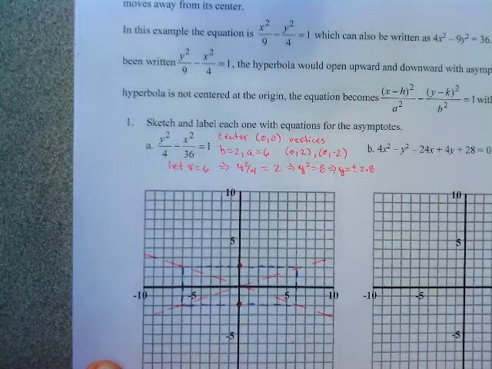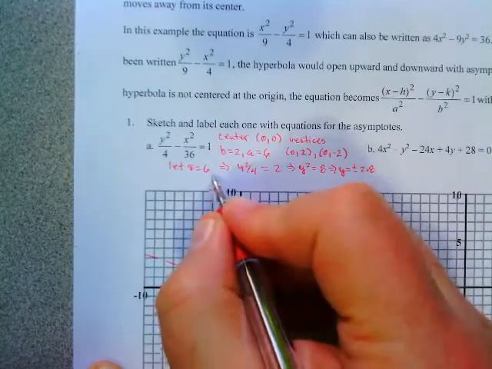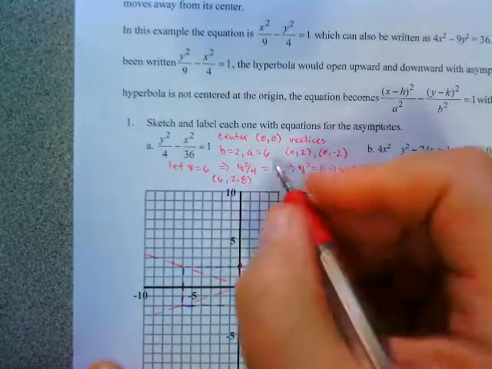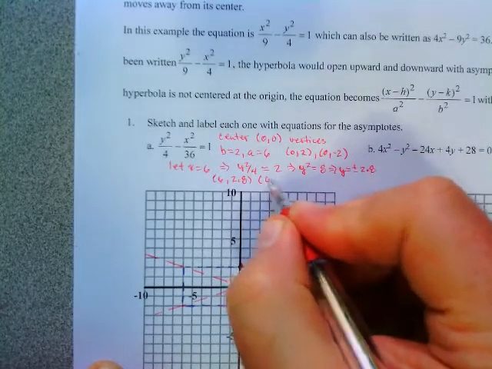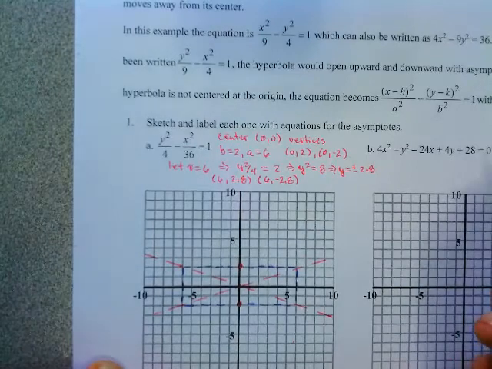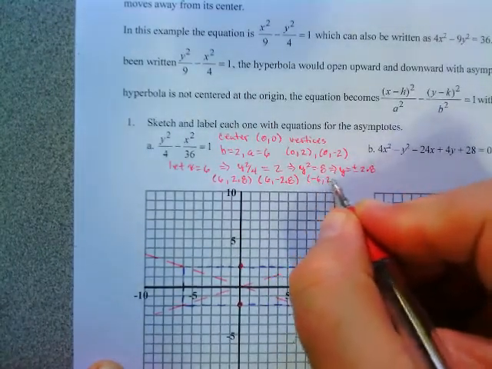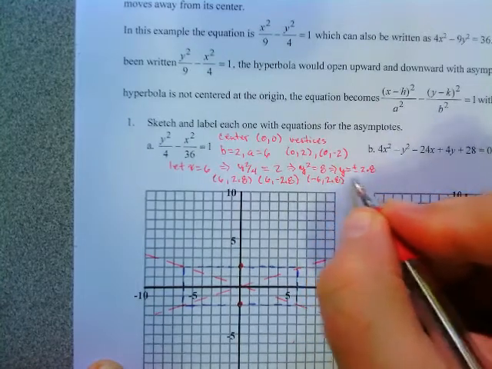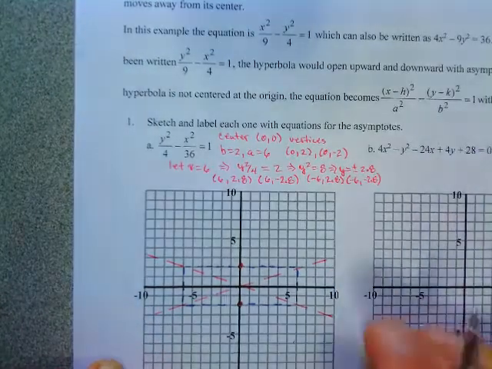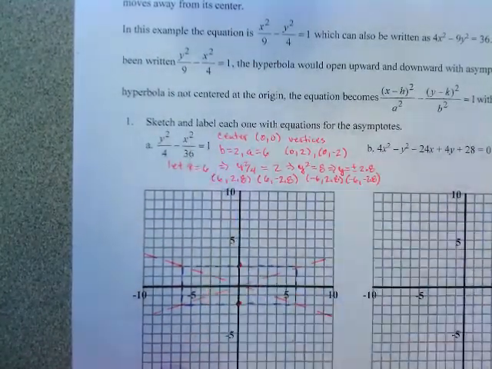That means this is going to go through (6, 2.8), (6, -2.8), and then by symmetry (-6, 2.8) and (-6, -2.8), because of course -6 squared is also 36.